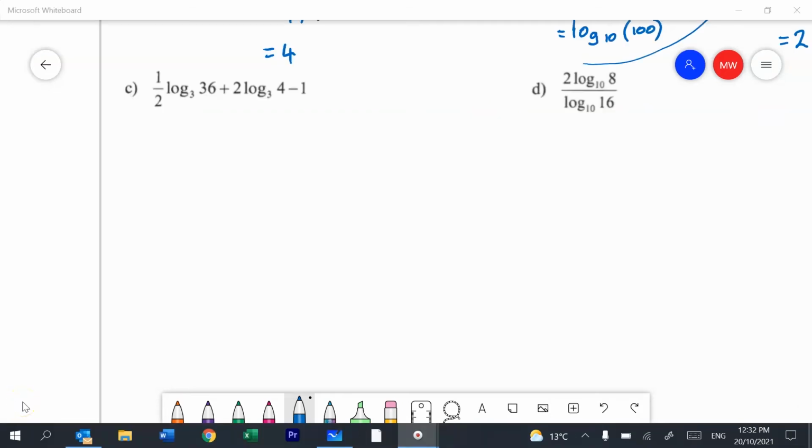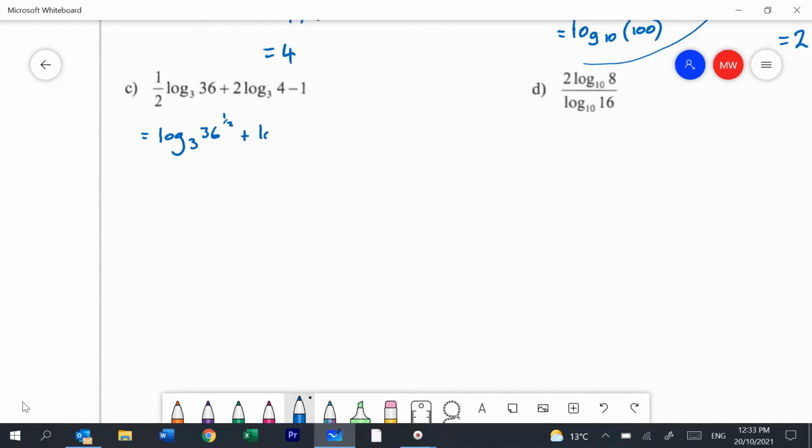Question C won't work in its current format with our log law, so we'll have to manipulate all three terms in this. This one's unique because it's got this 1 sitting on the end over here, or -1 sitting on the end. So let's have a look at tidying this up. What we can do is modify this to read log 3 to the 36 to the power of a half, or the square root of 36.